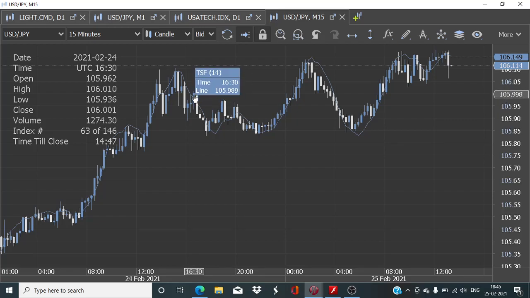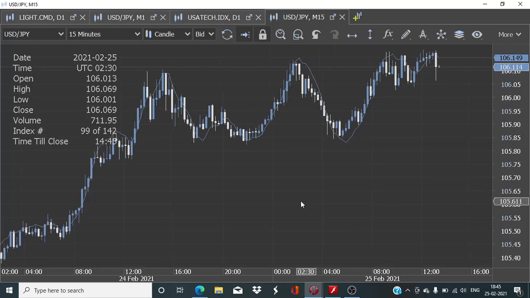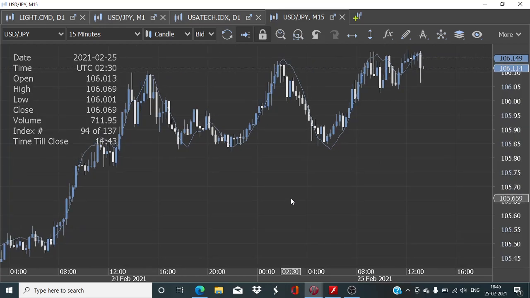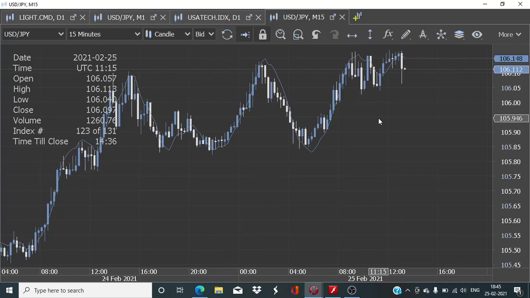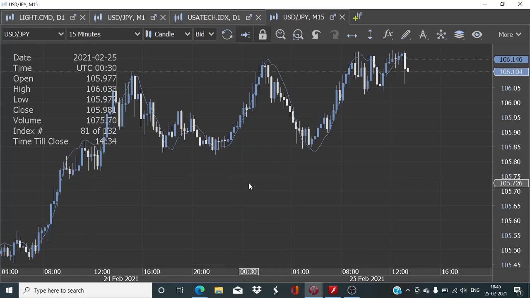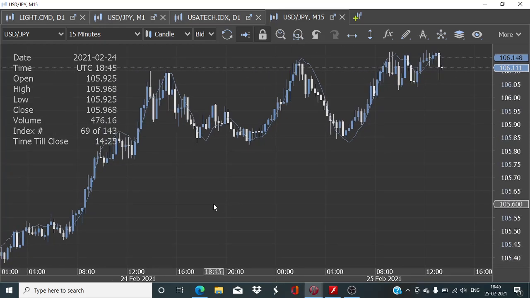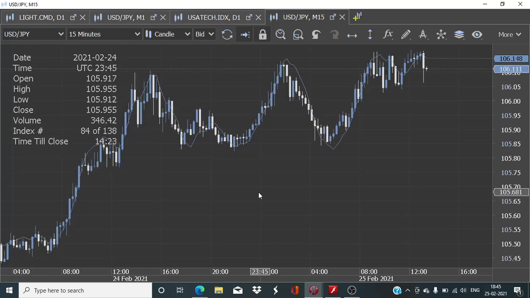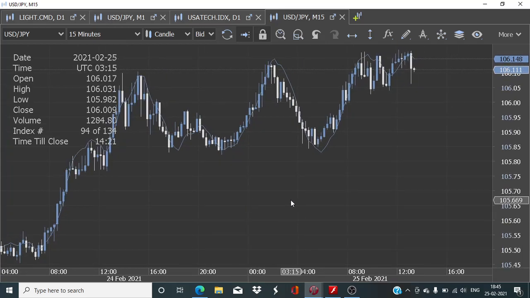So we will be defining these two conditions, and also to make sure there is good enough price momentum, we can define some difference between the opening and the closing value of the last 15 minutes, so as to make sure that whenever there is enough momentum, only then trading should be happening. Otherwise, if it is trading sideways, no trades should be initiated. So we will define that condition also.